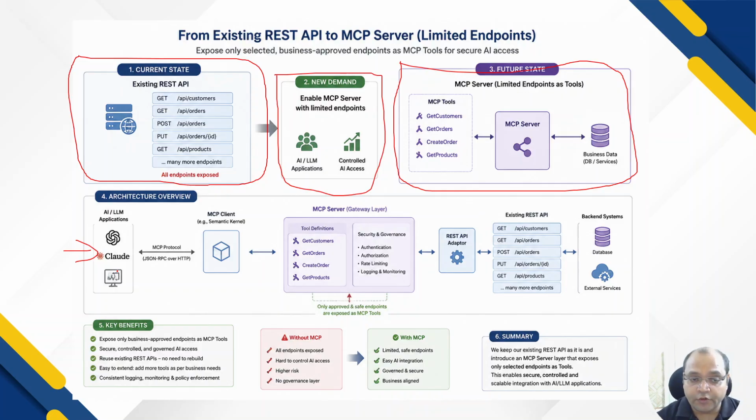You connect your agent with the MCP server via an MCP client, then the MCP client will discover the MCP server's endpoints, which are called tools, and then the request goes to your REST API.